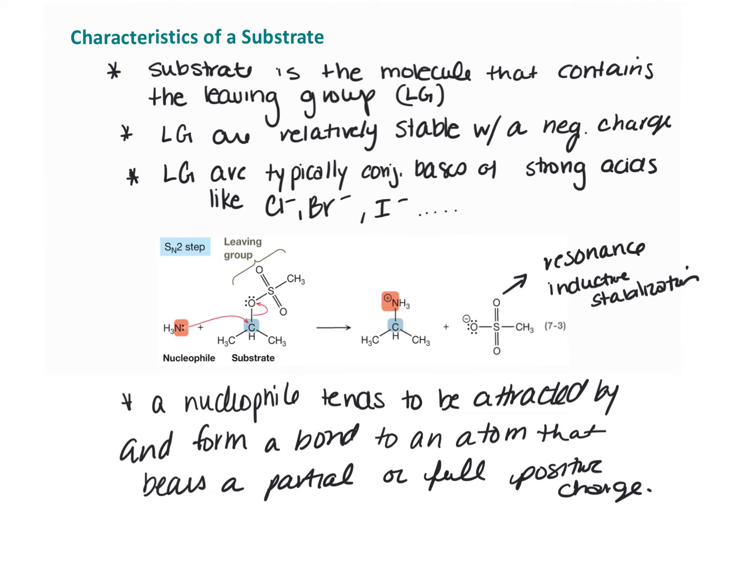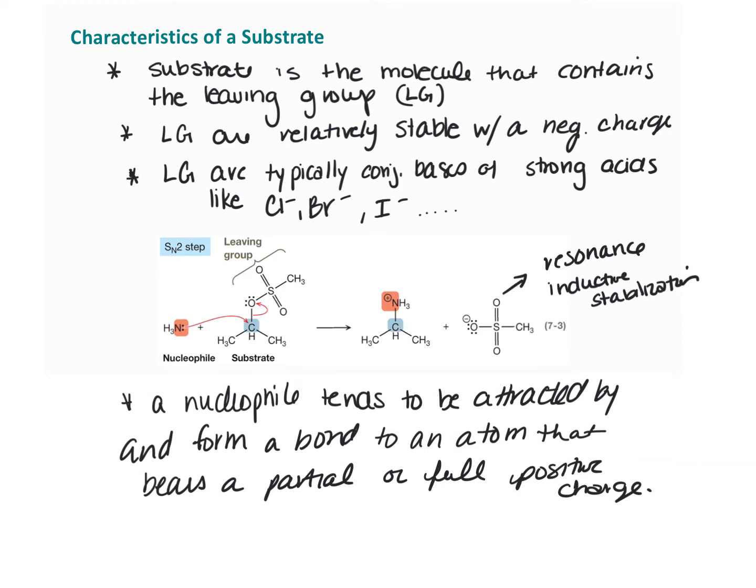That makes it a really stable group, and so it's a really stable leaving group. It makes it easier for this to leave if it's going to be really stable. They stabilize that charge really well, so they leave, and they're stable, and that's what makes a good leaving group a good leaving group.